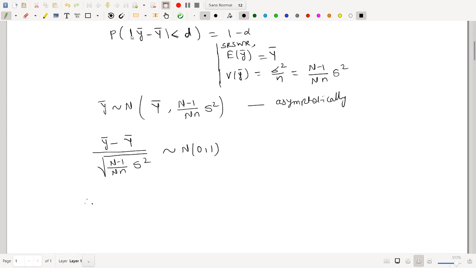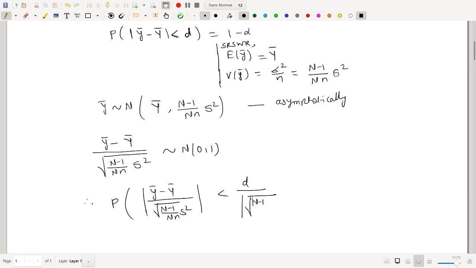So divide here by root of (n minus 1)/n into S square. After dividing, this (y bar minus Y bar) upon root of (n minus 1)/n S square is less than d upon root of n.